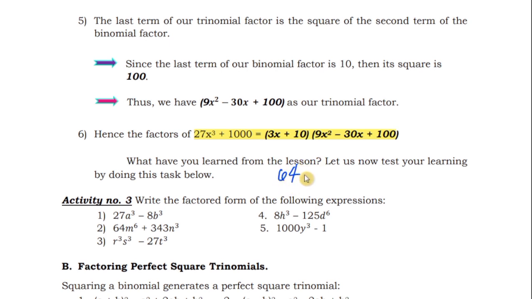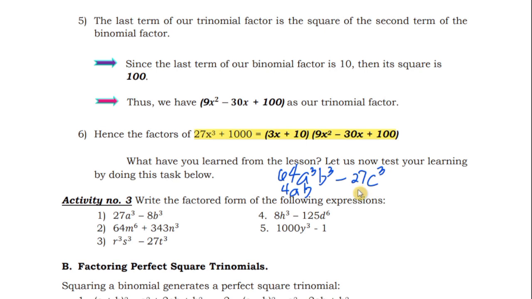Let's say we have 64a cubed b cubed minus 27c cubed. Okay, let us check if this one fits the perfect cube of a certain expression. 64 is a perfect cube of 4. A cubed is a perfect cube of a, while b cubed is a perfect cube of b.